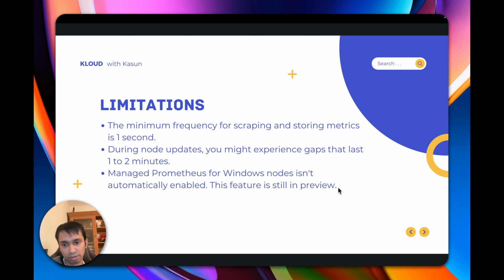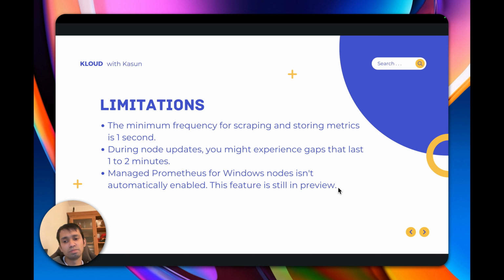When you do the node updates, you may experience gaps, which will last for like 1 to 2 minutes, because when you are doing cluster node updates, the agents will be unavailable, so you may see some metrics gaps.